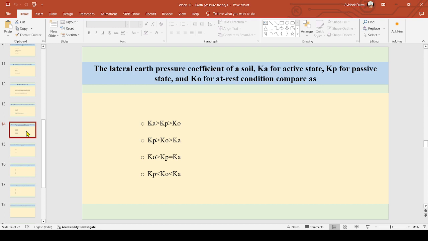You can write like this also, Ka more than K0 more than Kp. Please write out this question very carefully, it is a very important relation.